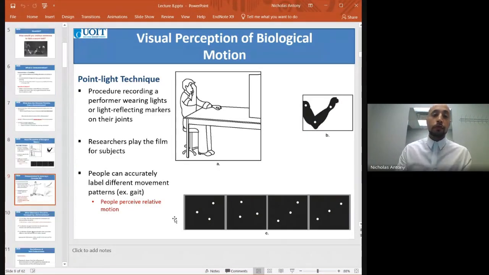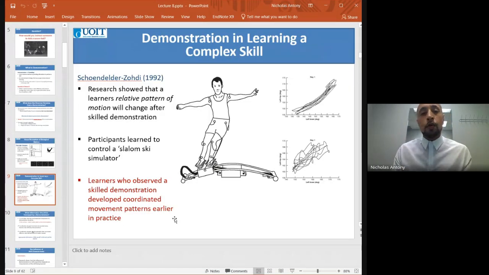Cool. Because in the next study, what they wanted to do is see if they could change people's coordination based on the demonstration using this point light technique, so using the dots. And so what they found was that they had people trying to perform a slalom ski simulator.